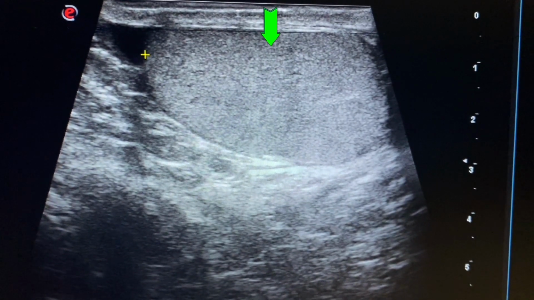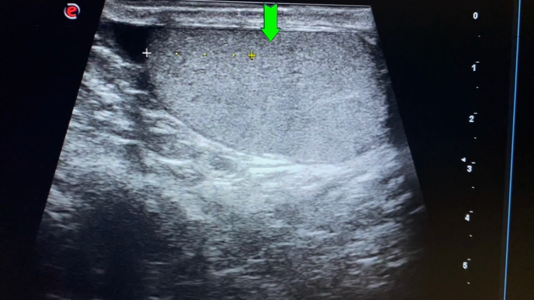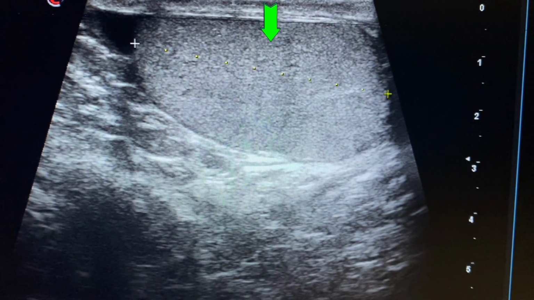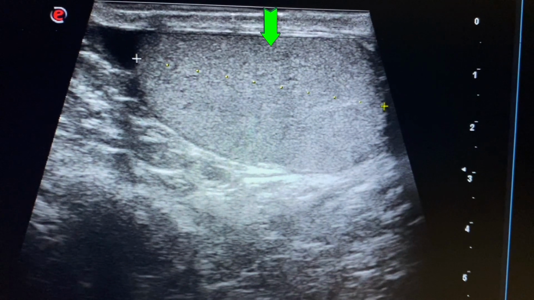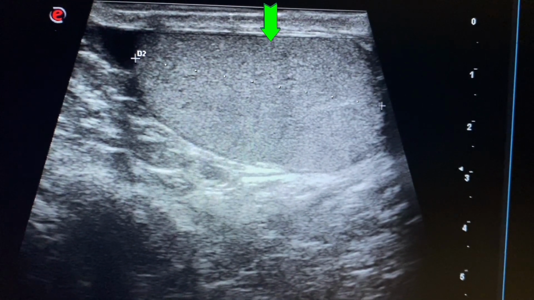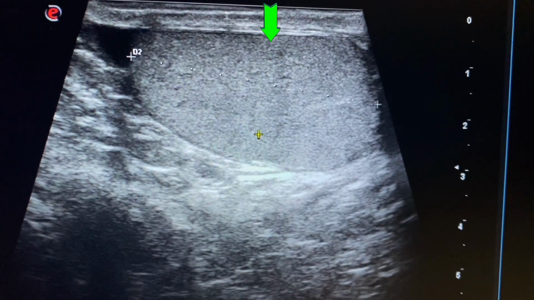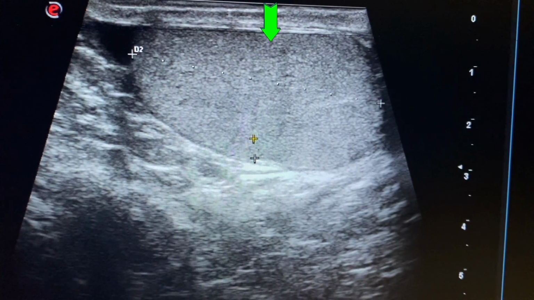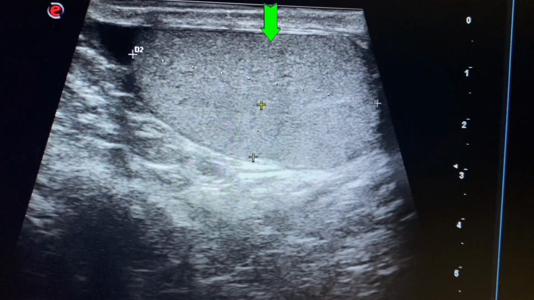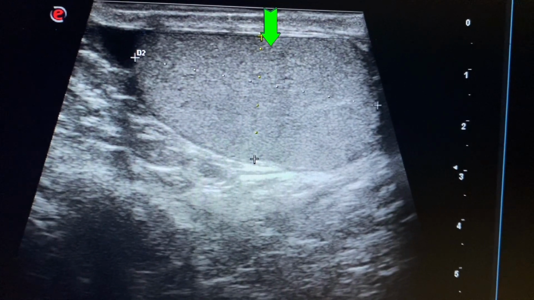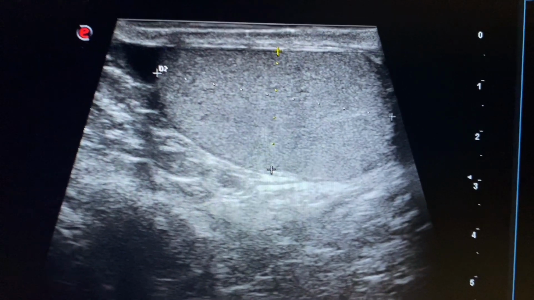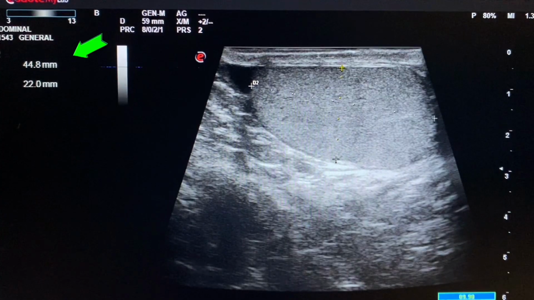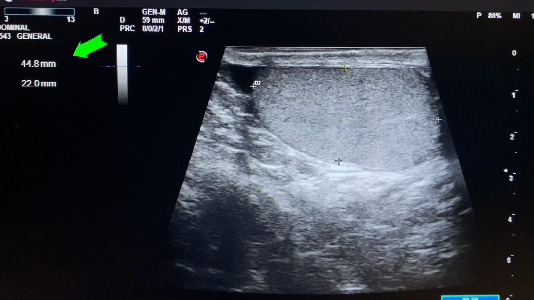Now we will measure the size of the testis. Here we see that the size of the testis is normal, 44 by 22 millimeters.